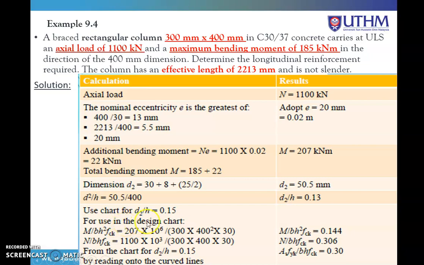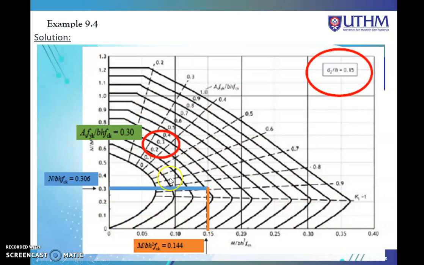Okay, for the use. So maksudnya tadi dia cakap ambil yang highest kan. So kita punya ada 0.13. Instead of using 0.10, so we use the chart for 0.15. Okay, so untuk chart kita dah tahu dah. Okay, this is the design chart for 0.15. So kita dah tahu kat sini adalah M over BH square fcu.